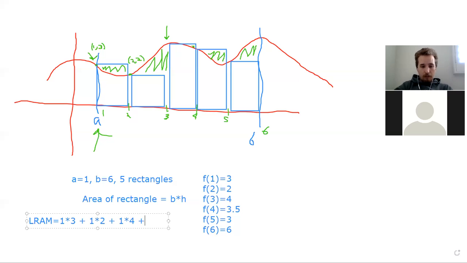What's the fourth rectangle going to be? Great. 1 times 3.5. And then the last rectangle? Well, actually, is it the last rectangle? Do we do a 1 times 6?